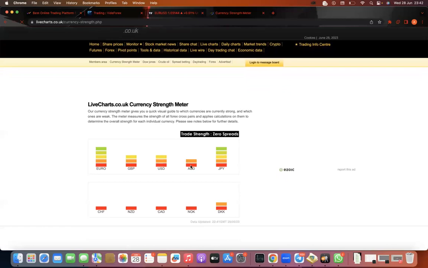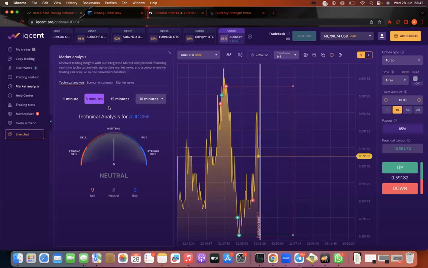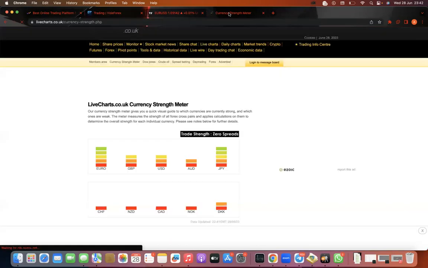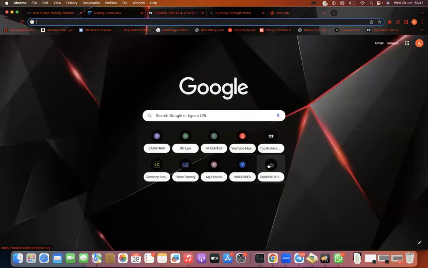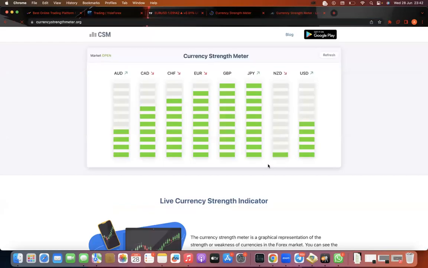You can see AD is 2 bars, CHF is 1 bar. So this currency strength was probably gotten from the 5 minute time frame. And I think this last one here is probably from the 15 minute time frame, because it looks at it from a bigger scale.